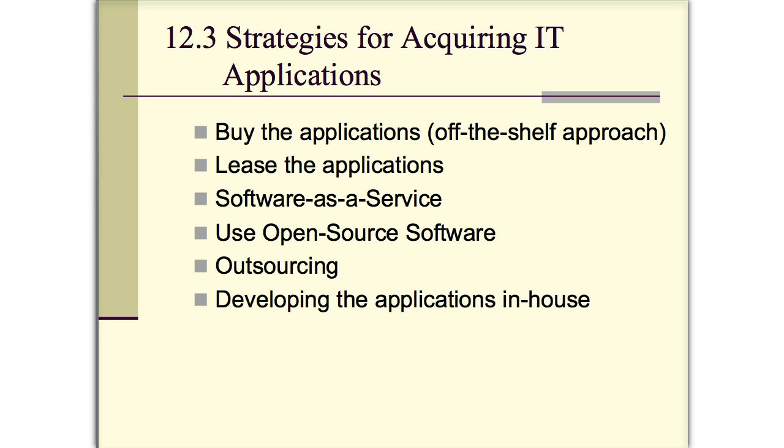So there are different ways of acquiring applications. You can buy applications, this idea of an off-the-shelf approach. It's sort of like walking into a Best Buy or the bookstore and purchasing some software, taking it home and installing it onto your system. Off-the-shelf applications are usually kind of generic, and you can have off-the-shelf applications for a particular industry, like the auto mechanic industry.